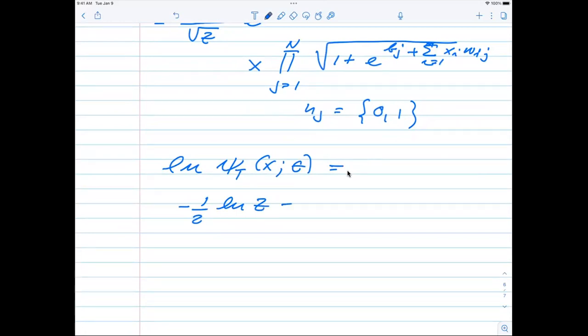But then we get minus a sum over i equal 1 up to n of xi minus ai squared.